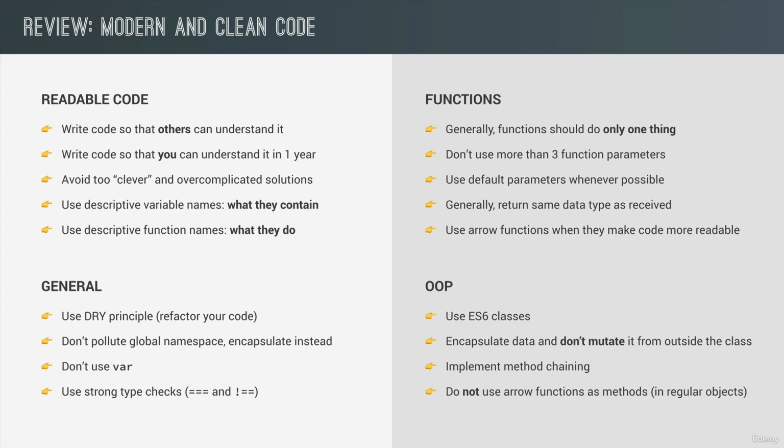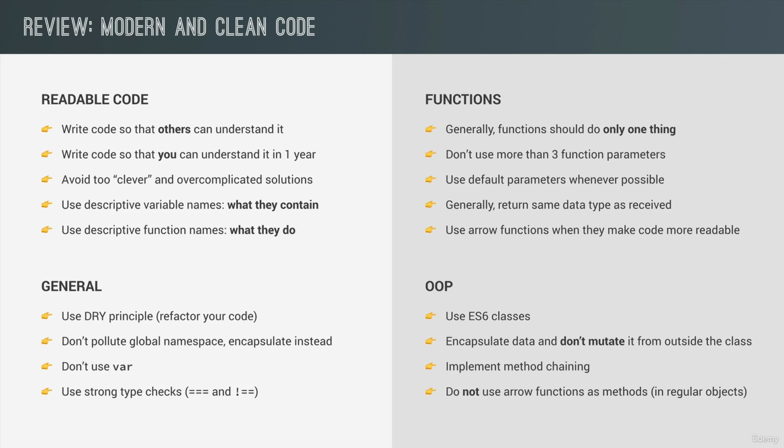Now, when designing your classes, make sure that you encapsulate any data that shouldn't be accessible from the outside so that you don't mutate that data from outside the class. All right. Now, probably you will still need to at least manipulate some data that's in the class, but for that, you should then implement a public API, so basically a couple of methods that can then manipulate that data exactly as you want that to happen.